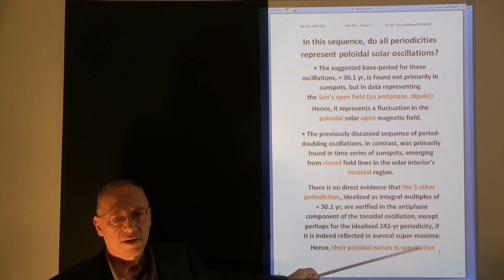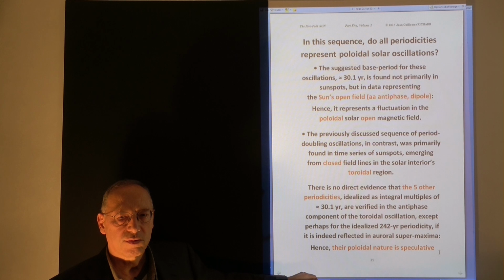For the 5 other periodicities introduced today, found in the spectra of solar variation or their proxies, they can be idealized as integral multiples of the poloidal base period, but we have no direct evidence that these 5 periods are based as well on poloidal variations.